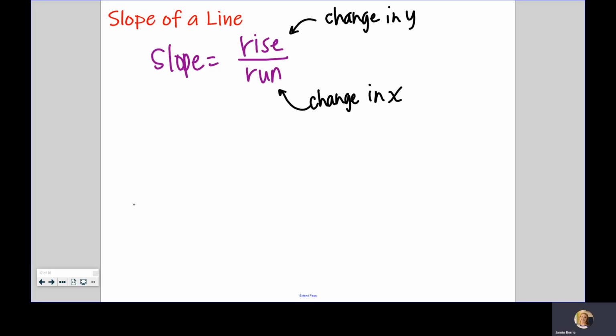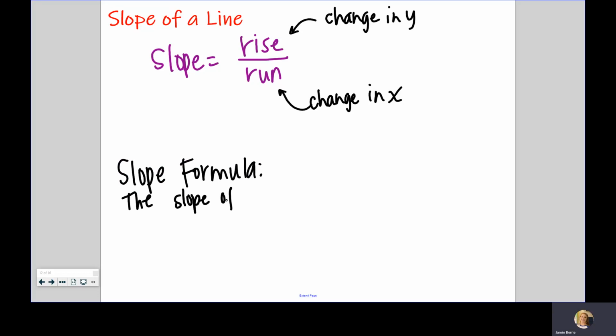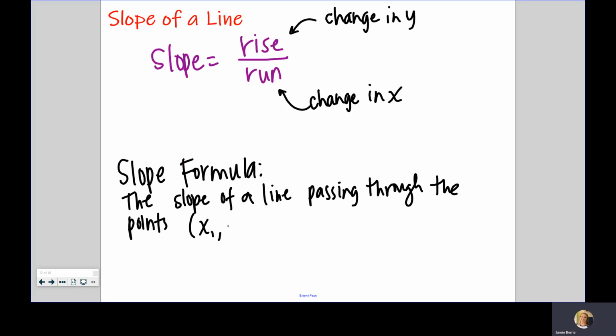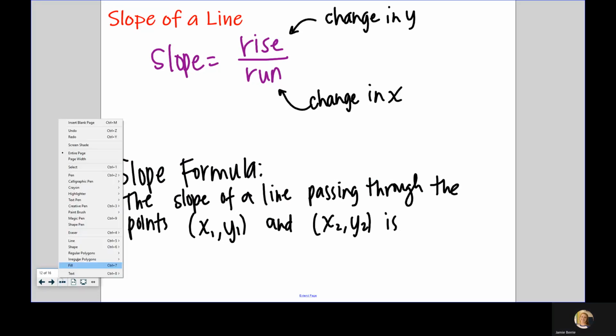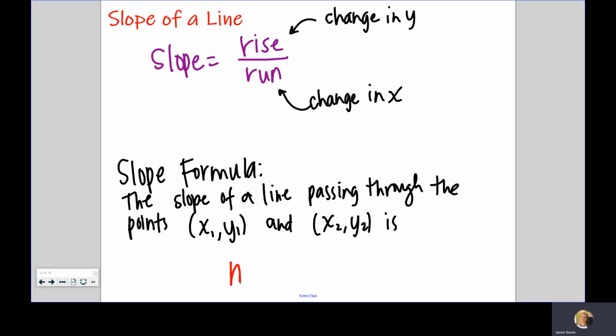Now, slope has a specific formula. We won't have to use it in this section, but just in case you need it for future reference, this is the slope formula. It says the slope of a line passing through the points x1, y1 and x2, y2 is m.